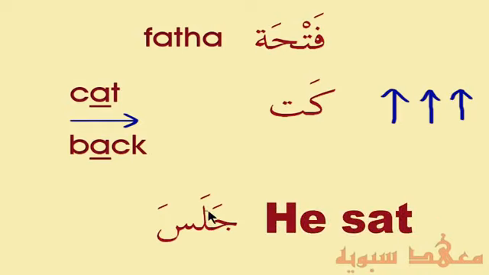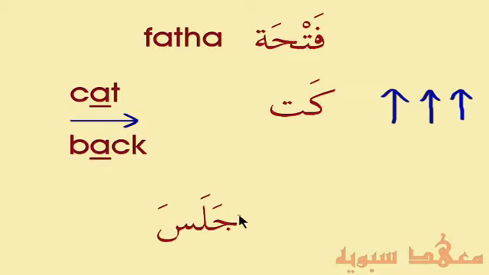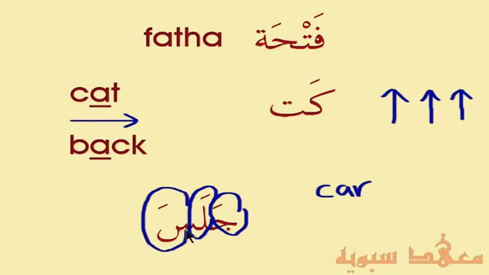And notice we don't elongate. There's no elongation of the sound. So we don't say, for example, when we say the word car, it's car, it's not kar. So this will be one syllable, that's another syllable, and that's another syllable. So there's three syllables: ja, la, sa.